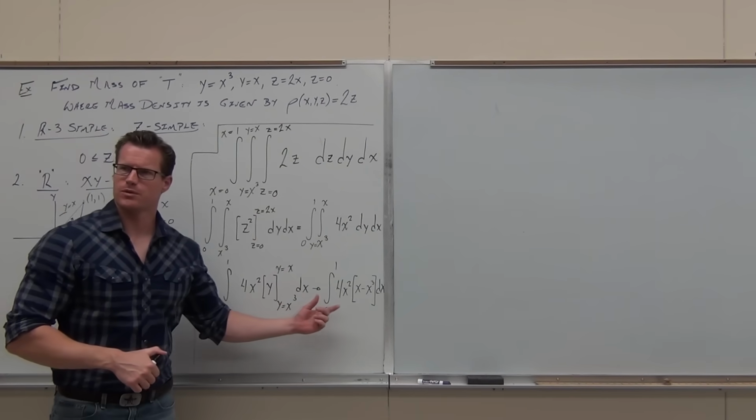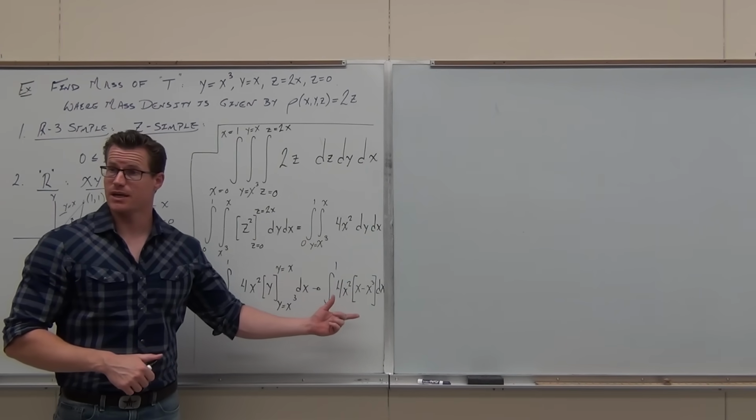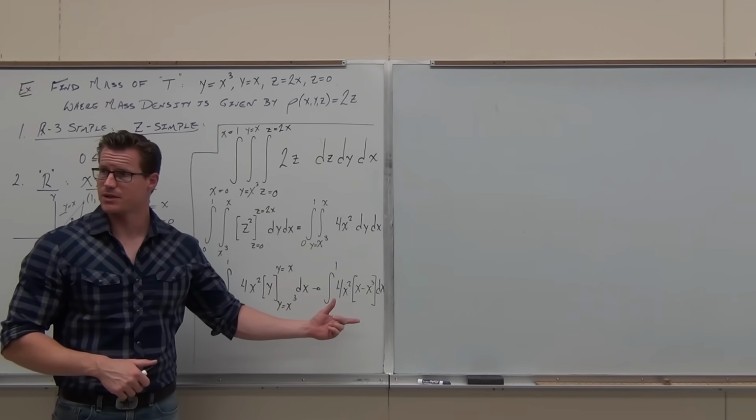Did you make it that far with the 4x squared and the x minus x cubed? It's got to be that order. Did you get the x minus x cubed?